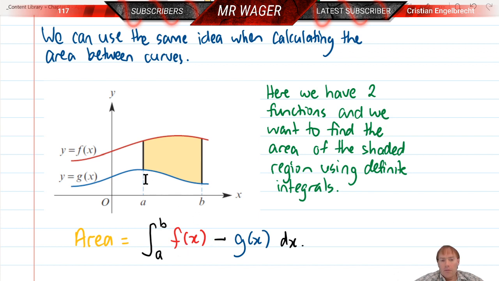But then to take away this white space that we don't want, it's a simple case of taking away the integral of g of x between a and b. We can just do this all in the one integral. We don't need to split it. We can just go between a and b of our 2 functions subtracted from each other.